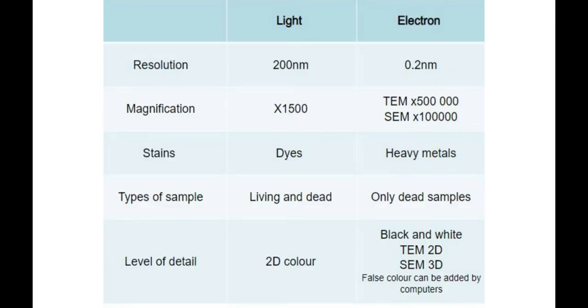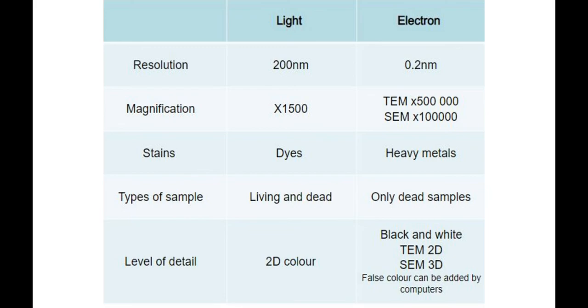Comparing the light microscope with the electron microscope, the best resolution of the electron microscope is 2 angstrom or 0.2 nanometer. In the light microscope, the minimum we can reach with ultraviolet light is 200 nanometers.